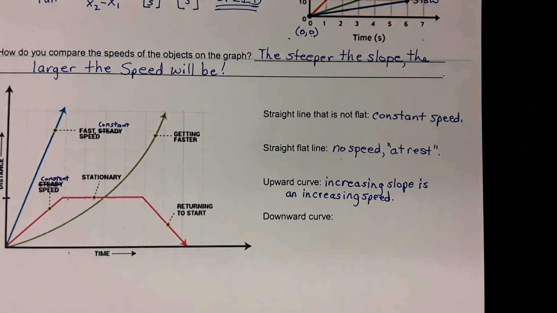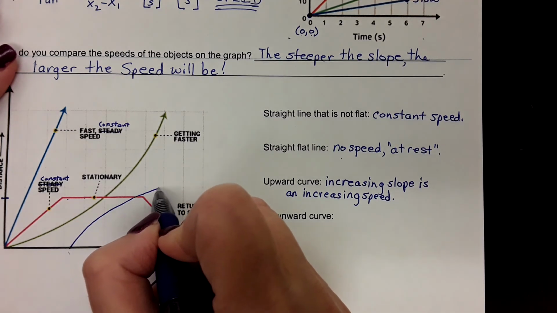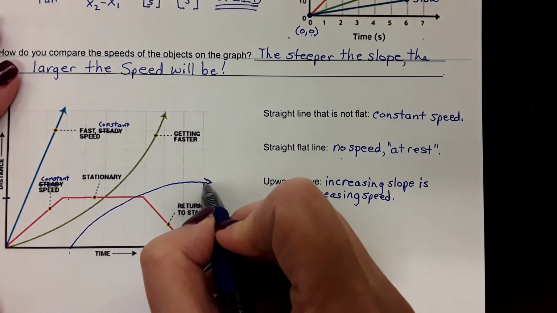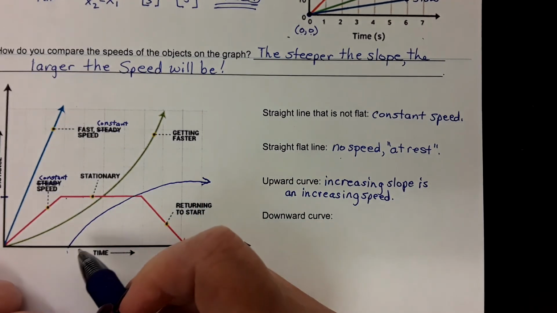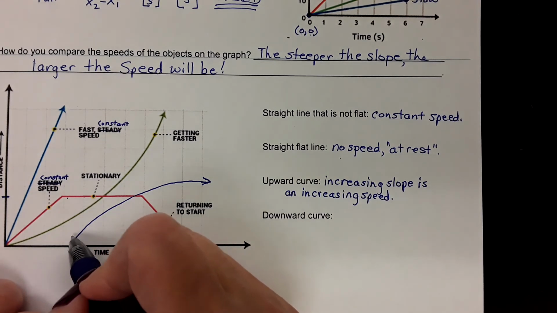Now, what if you have a downward curve instead of an upward curve? Well, let's look. There's no downward curve on here, so let's draw one. Let's suppose you have a curve that looks like this. It's sort of like the mirror image, isn't it? You're kind of flipping that one down so that it curves over this way. So it starts out steeper.